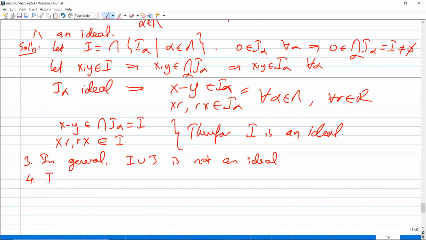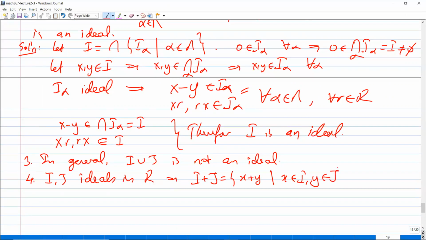Let I, J be ideals in R. Then look at I plus J. I plus J consists of x plus y such that x is in I and y is in J. This is an ideal.